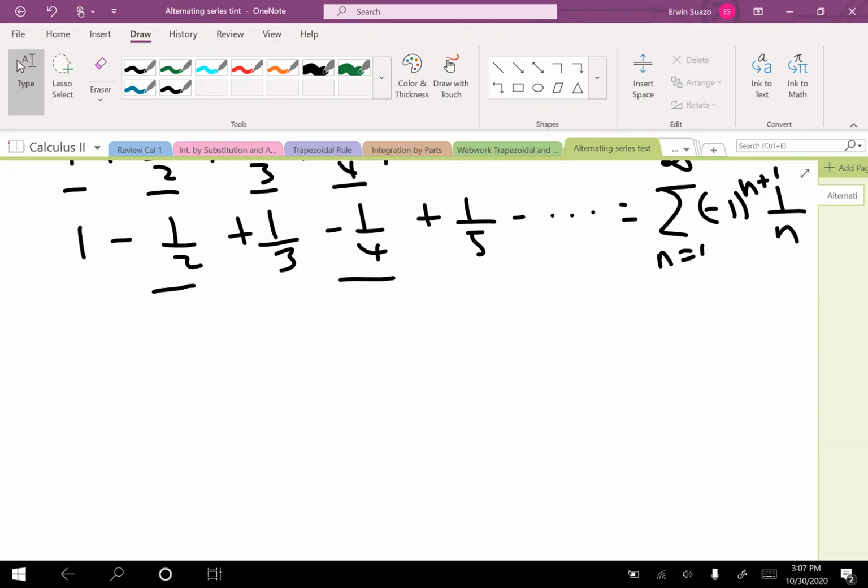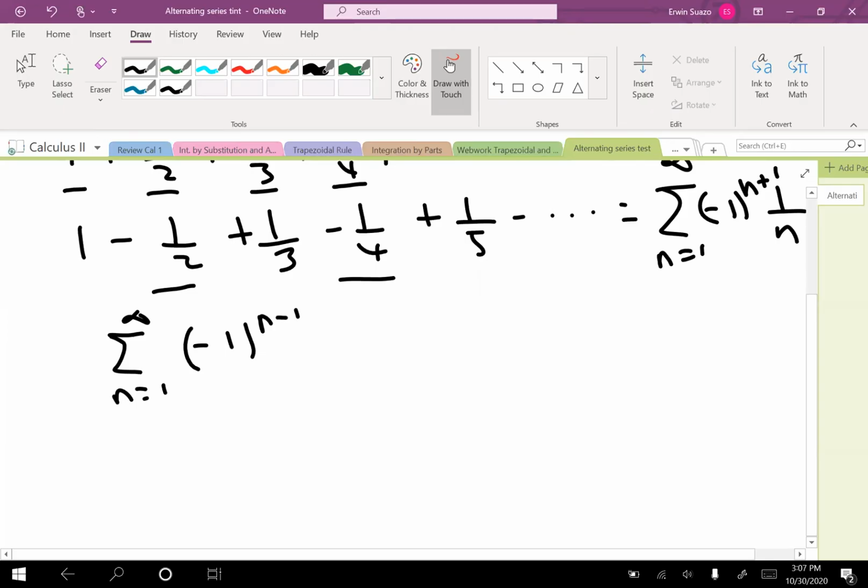So let's learn the alternating series test. So this goes like this. The sum, n equals 1 to infinity, of (-1) to the n minus 1, b sub n.